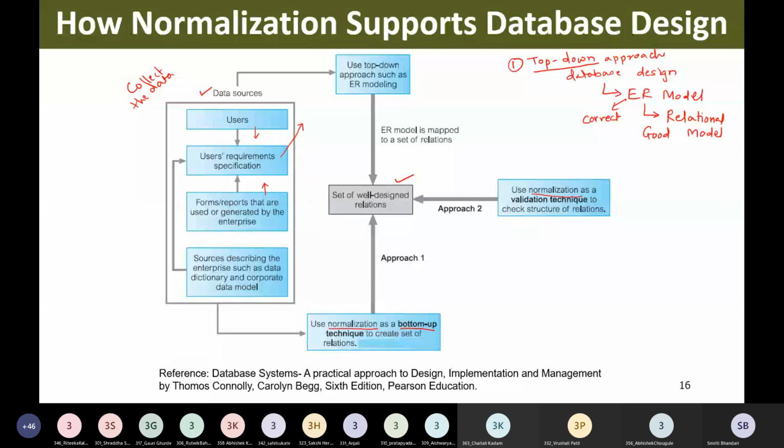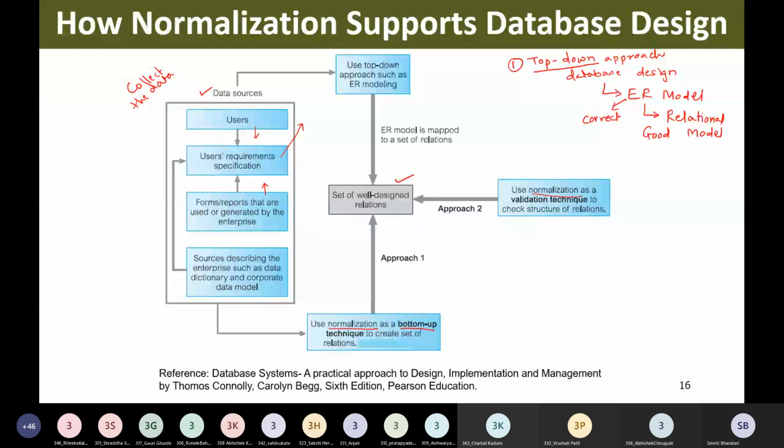So far, we have gone through the top-down approach for database design. So what was that top-down approach? Once the data has been collected and analyzed, we come up with the ER model, and based on that ER model, we apply certain rules and convert that ER model into a relational schema.